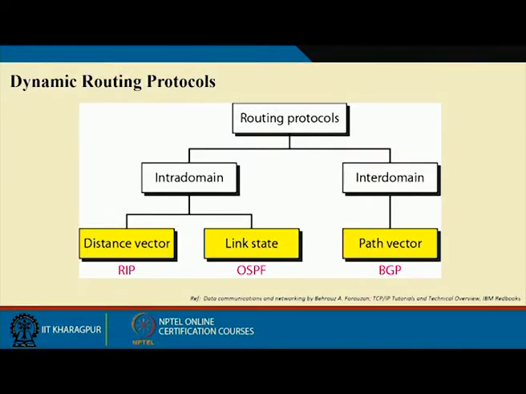So, we will mostly be looking at autonomous systems and path vector routing, and definitely BGP will come into play. Just to repeat the same picture, we have broadly two things, intra domain and inter domain, and path vector is an inter domain routing protocol. That means it works across domains, or across autonomous systems.